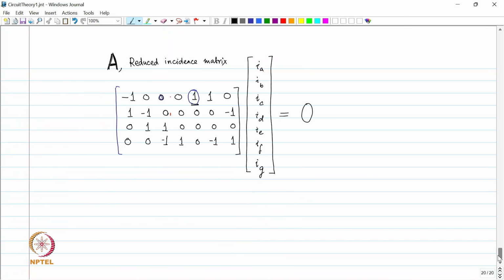So, A, the reduced incidence matrix, is a set of equations which are linearly independent, and we like this. I am going to write this matrix equation as follows: A times I is equal to 0, where capital A is the reduced incidence matrix, and capital I is a column vector with all the currents.